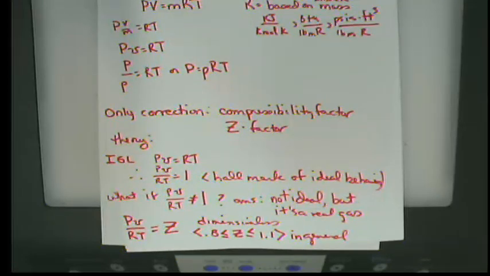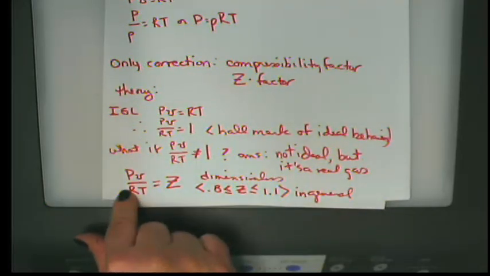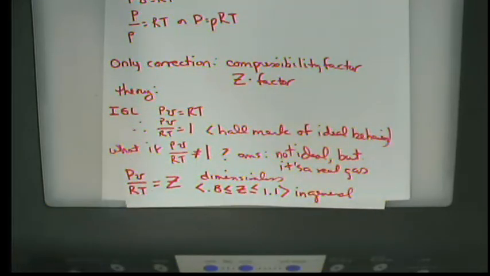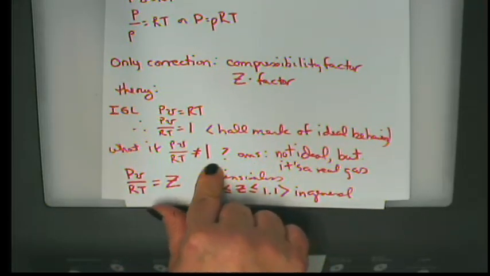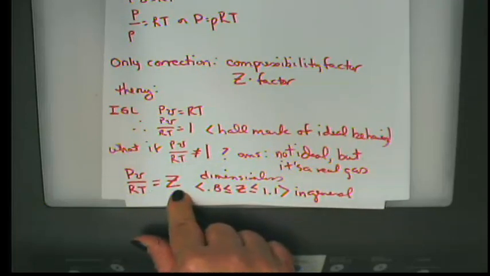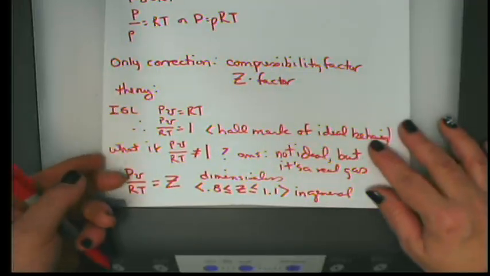The only correction that we are going to make in this class for the ideal gas law is for a compressibility factor, which, as you can see from this line of reasoning, is based directly on a correction to the ideal gas law, where this ratio would be 1 for an ideal gas, but whatever it turns out to be is its correction. It's loosely termed compressibility. It's not compressibility like a delta P term or a dP, d anything term. It's just a correction factor for its deviation from ideal gas.